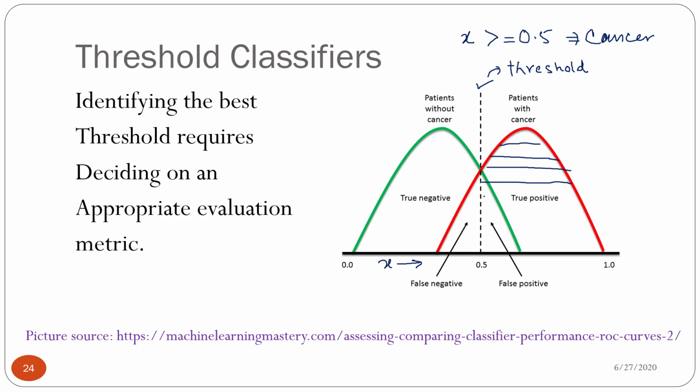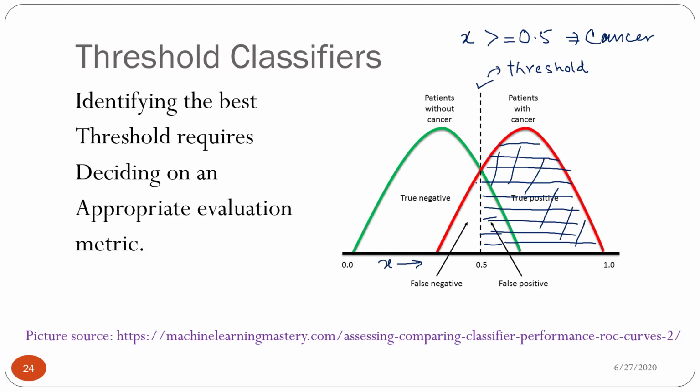Look at the red curve. These are all true positive cases. Why? Because those were positive and your classifier is correctly classifying those as positive. There is this overlap which might result in some confusion, but just pay attention to the red curve and the portion of the red curve on the right hand side of this threshold. All this is true positive, because these were positives and the classifier is classifying them as positive.